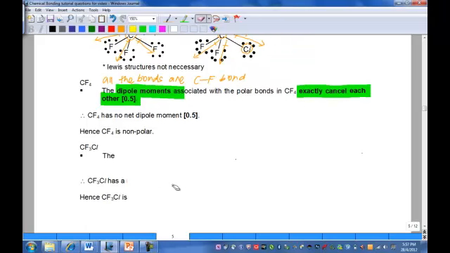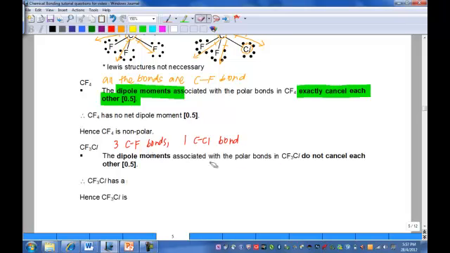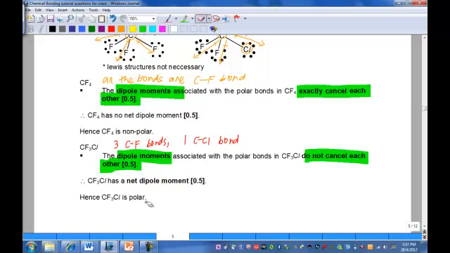But for CF3Cl, I have 3 CF bonds and 1 CCl bond. The dipole moments associated with the polar bonds do not cancel out each other exactly. Based on this, CF3Cl has a net dipole moment, and hence CF3Cl is polar.